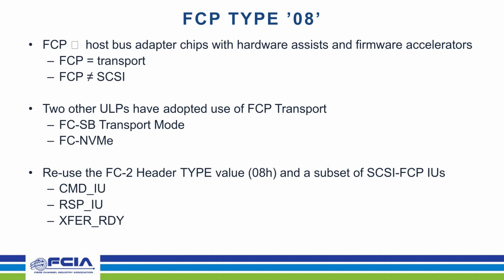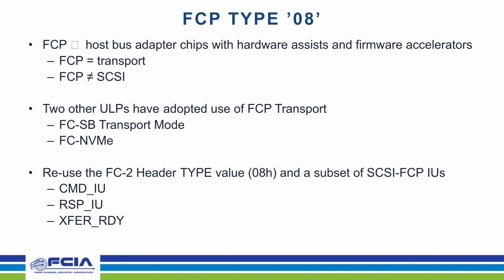In more recent years, 2 other ULPs have been designed and defined in such a way as to be able to take advantage of all those same accelerator functions for FCP by piggybacking onto some key components of the FCP transport. And those 2 FC4s are SB transport mode and NVMe. They both reuse that type 08 field.